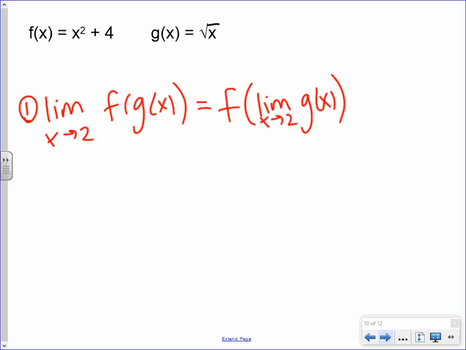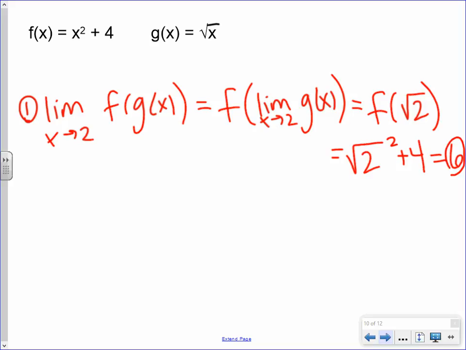Okay. What is the limit as x approaches 2 of g of x? Radical 2. So then we can just say this is f of radical 2. Okay. And if we plug in radical 2 to our f function, we get 6.